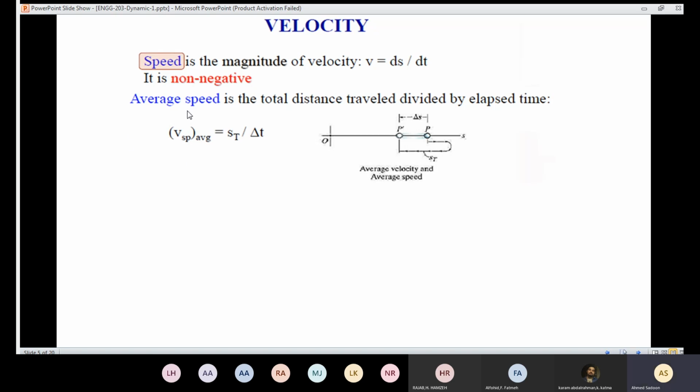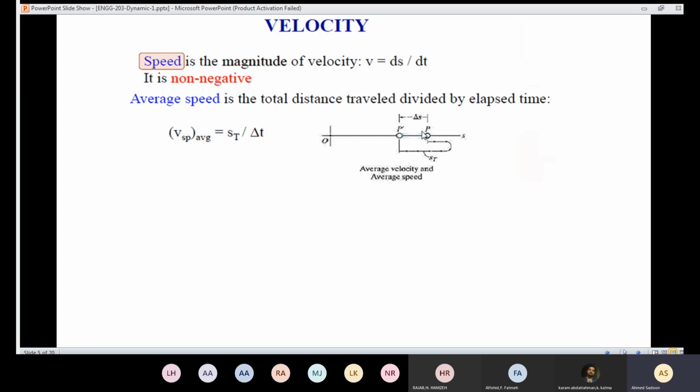And if you are going to determine the average speed, it equals the total distance traveled over the elapsed time. How is that possible? Assume the particle was here at P. Then the particle moved to that point and then got back to that point. So P is the initial position. P hat is the final position.